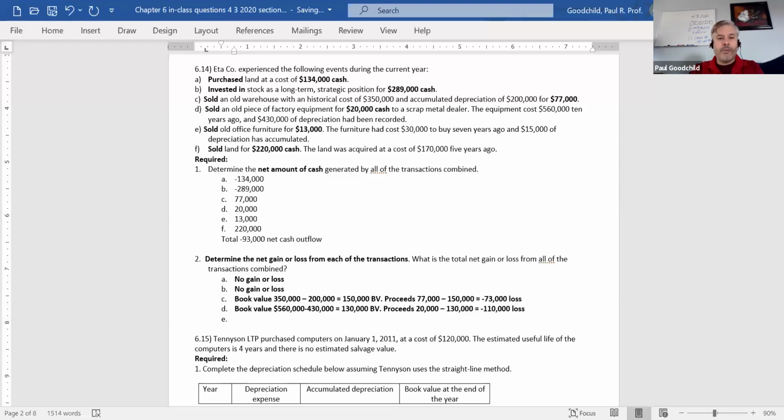E, sold office furniture for 13,000. So book value, 30,000 minus 15,000. And so we have a $15,000 book value.